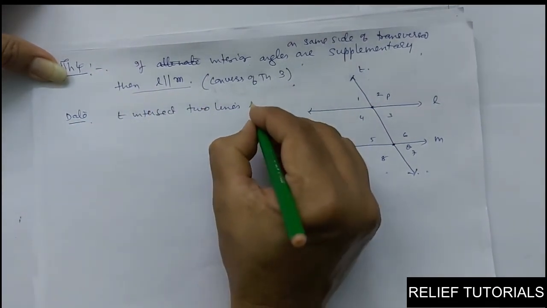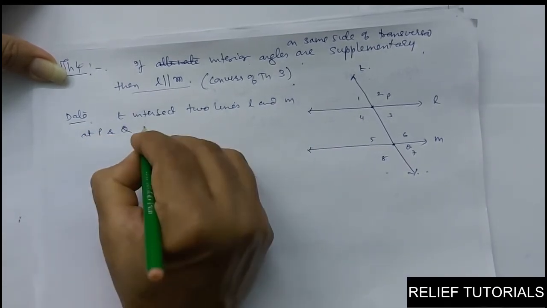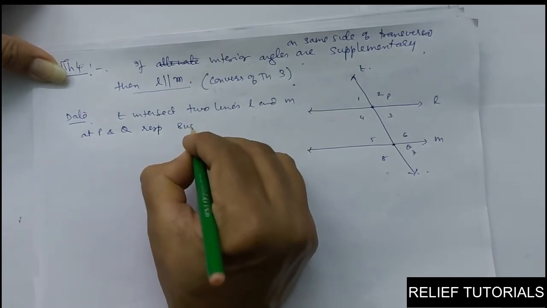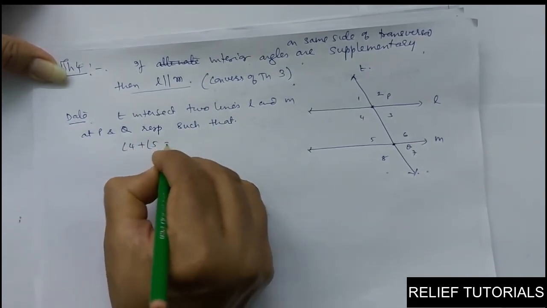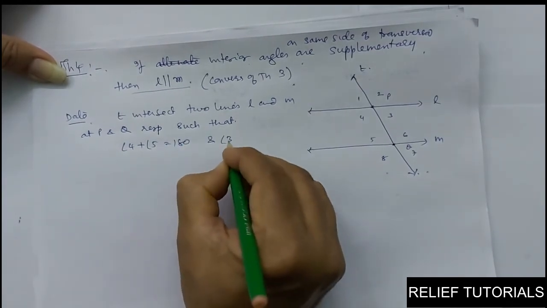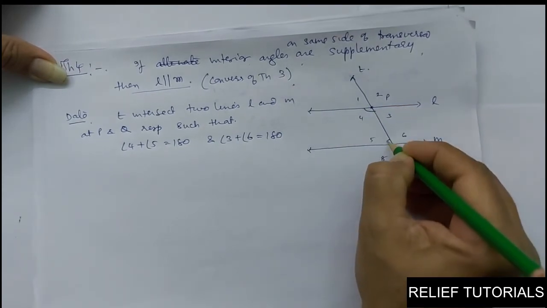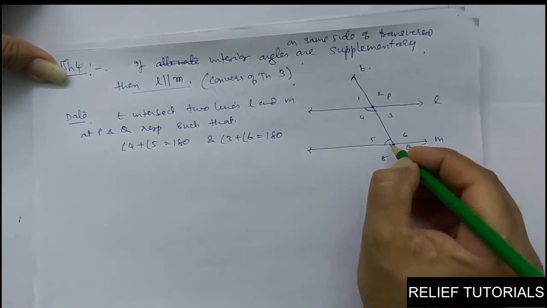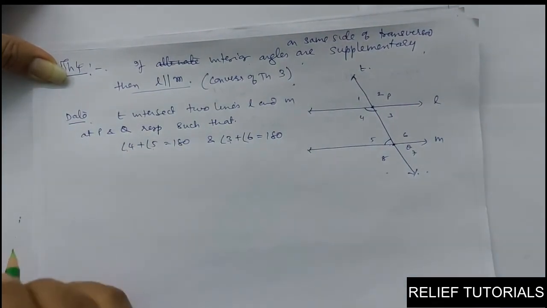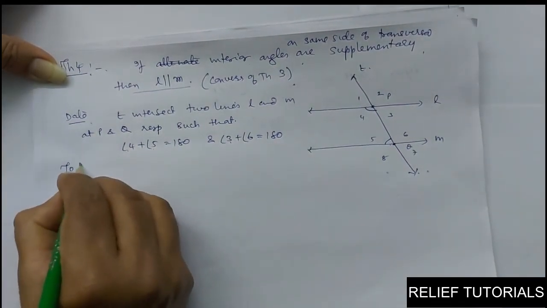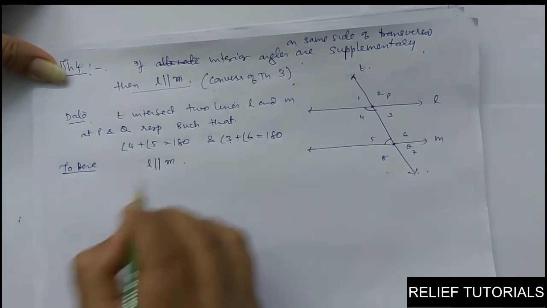So T intersects two lines L and M at P and Q respectively such that angle 4 plus angle 5 is equal to 180 and angle 3 plus angle 6 is equal to 180. These interior angles on the same side of the transversal are supplementary, so their total is 180. Data. Now we are going to prove. What do you have to prove? You have to prove L is parallel to M.